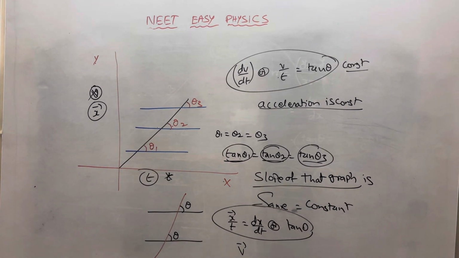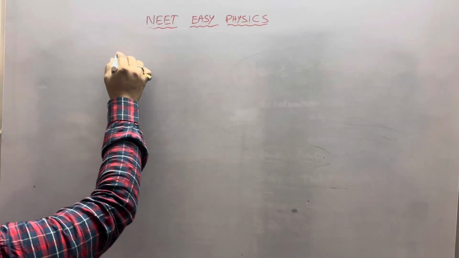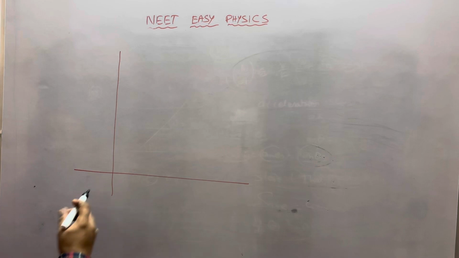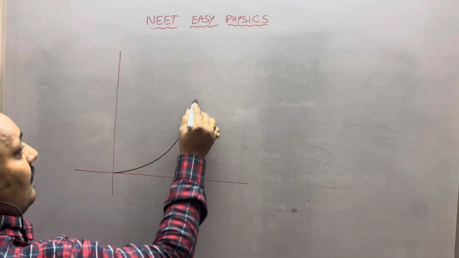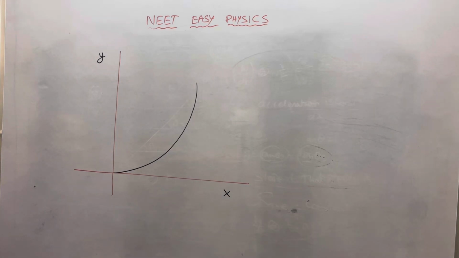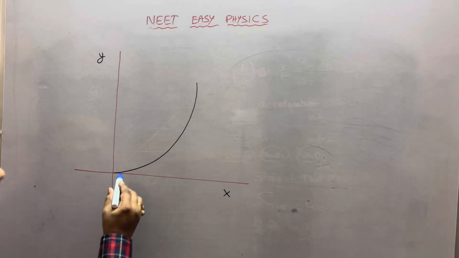Next we will see another graph. Next graph will be like this. Let us assume I am taking a curve. Y-axis, x-axis. Whichever graph they are giving, our procedure will always be the same.